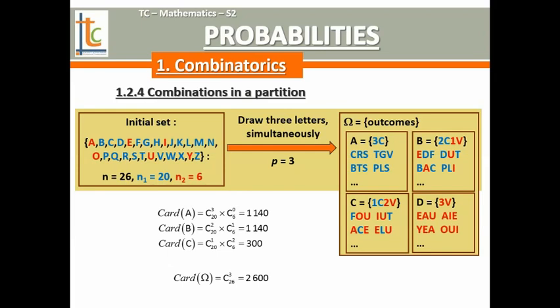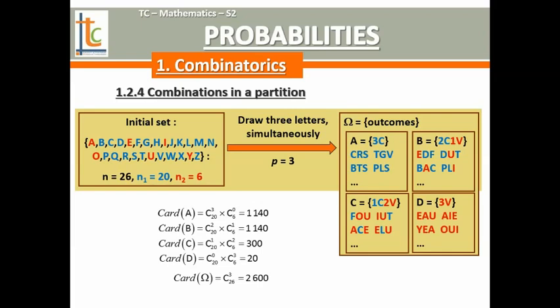You want to choose 1 consonant in 20 consonants and 2 vowels in 6 vowels. Result: 300. And the cardinal number of D is C20,0 times C6,3. C20,0 equals 1. The important number here is C6,3, which equals 20.